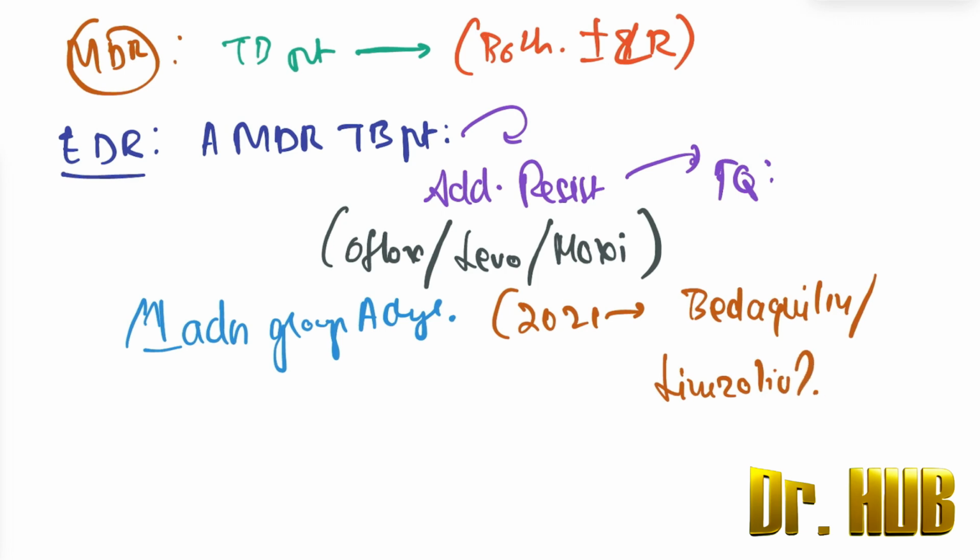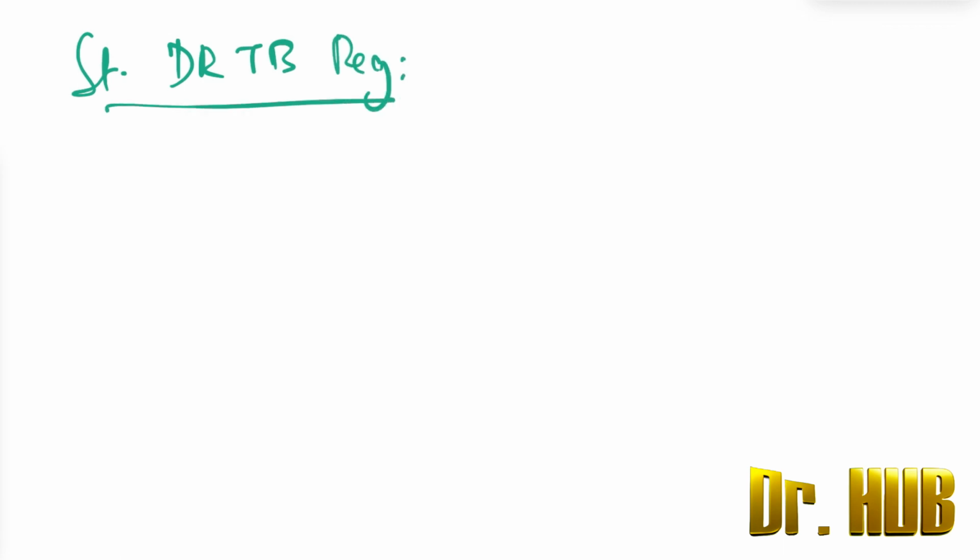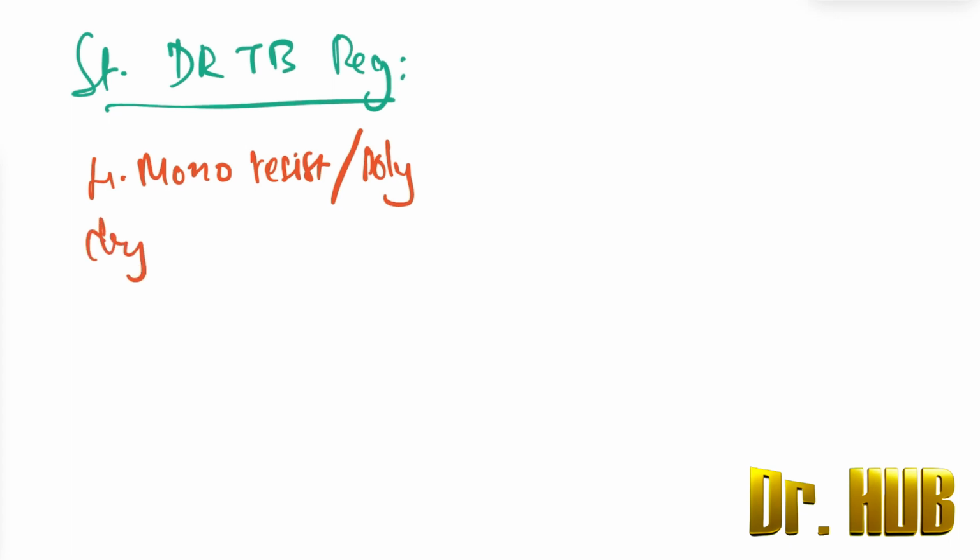Now let's have a look at the standard DR TB, that is drug resistant TB, regimen. This is important. First is the H mono resistant or polydrug resistant TB regimen.